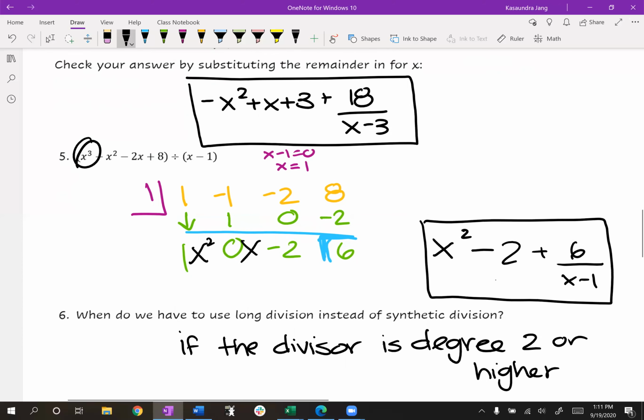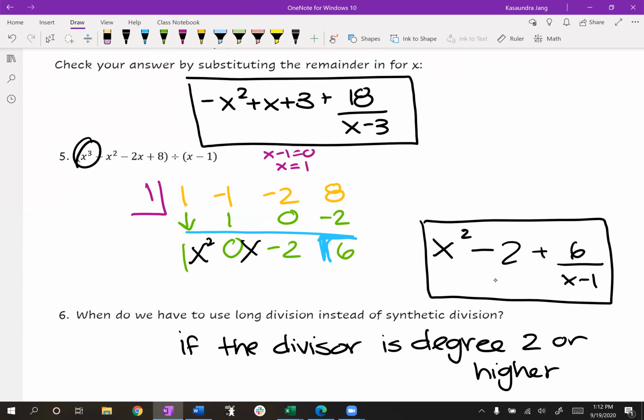So if this was an x squared minus 1 in my divisor, that's a degree 2, so I would have to do long division. This one had x to the first, so I could use synthetic division on it. But if your divisor is a degree 2 or higher, you have to do the long division.